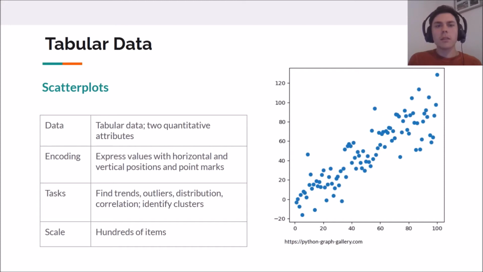And the tasks that a scatter plot enables are finding trends, outliers, distribution of values, correlation between attributes, and you can also identify clusters. We should also think about how well our visualizations scale with the number of data items in our dataset, and the scatter plot typically scales to hundreds of items. In some cases, I've also seen some that work really well still with thousands of items.